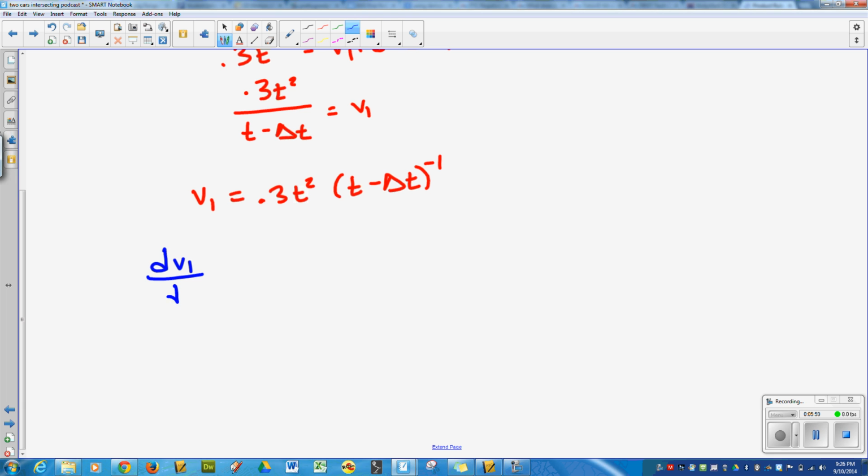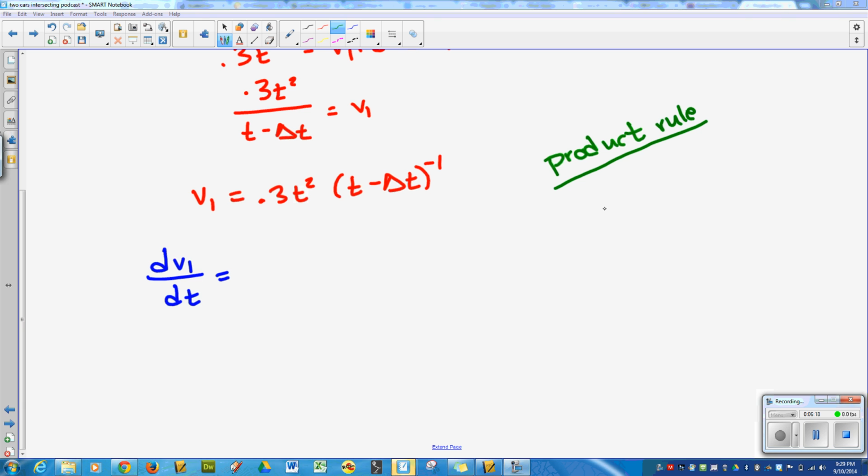So I'm going to do dv/dt equals, and if you remember, the product rule for differentiation is the derivative of the first times the second plus the first times the derivative of the second, for a two-term system.